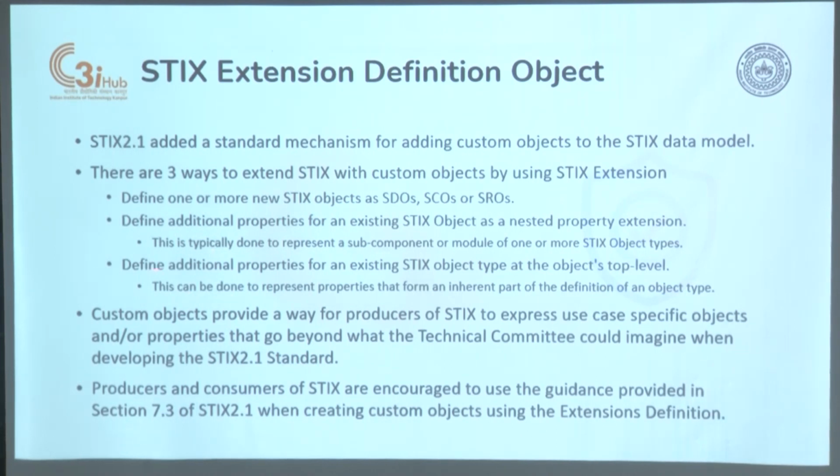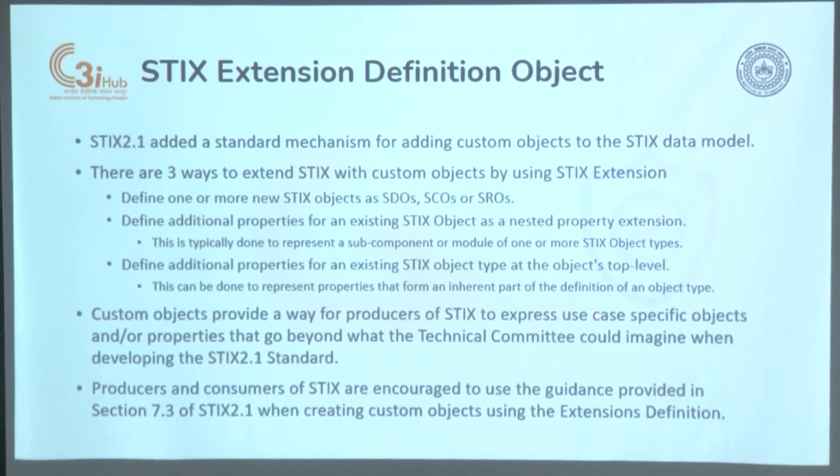It is kind of like when you do C++ or Java derivation of a class, a subclass, then you add additional methods and additional data, right. Same thing here, you add additional properties, either nested or at the top level.